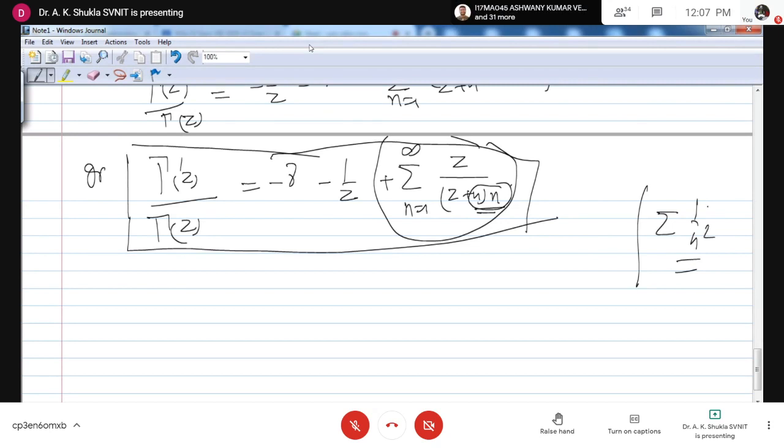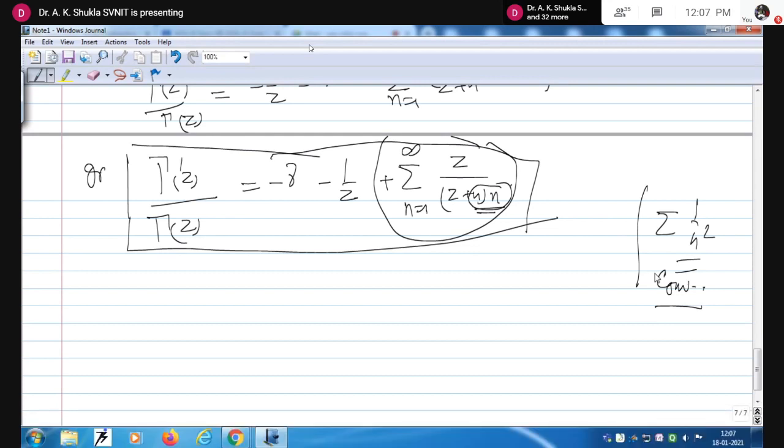So your series becomes 1 upon 1 square plus 1 upon 2 square plus 1 upon 3 square plus 1 upon 4 square. So this is convergent, hence this series is convergent under this rule. Finally, this is the convergence.